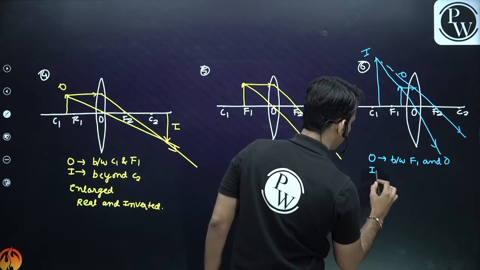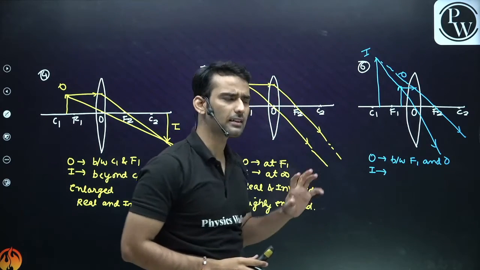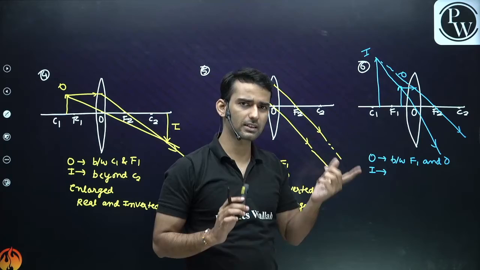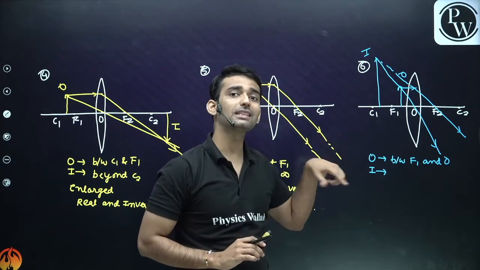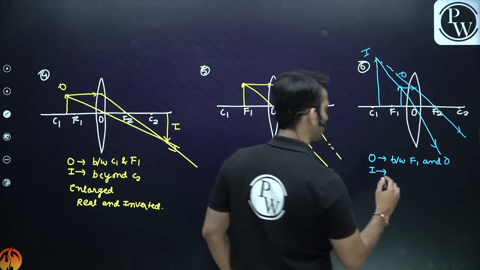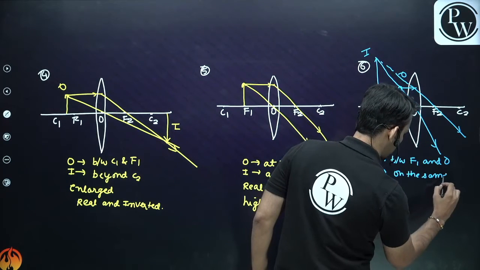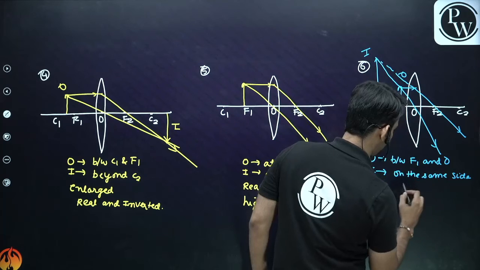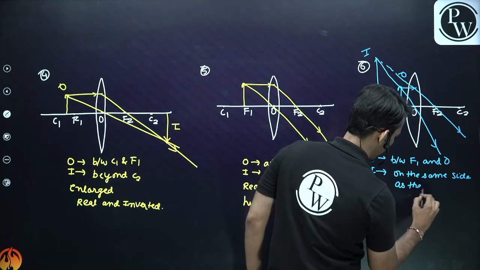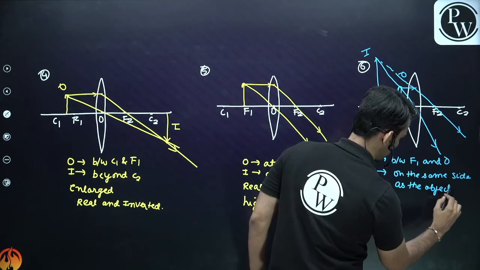Where is the image? We see the distance, thus position is not fixed, though we write it on the same side as the object. Clear?